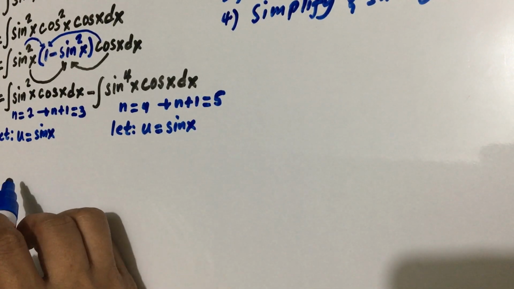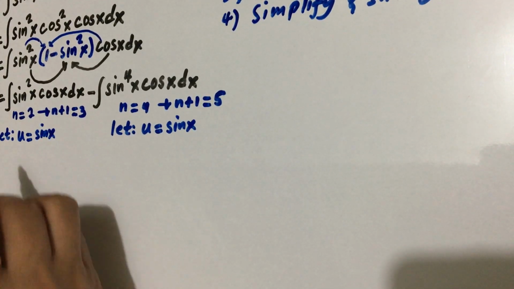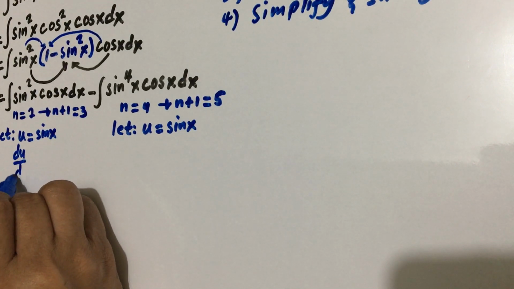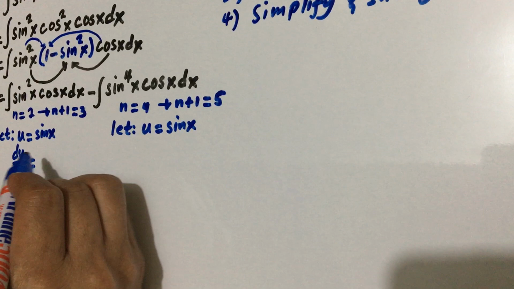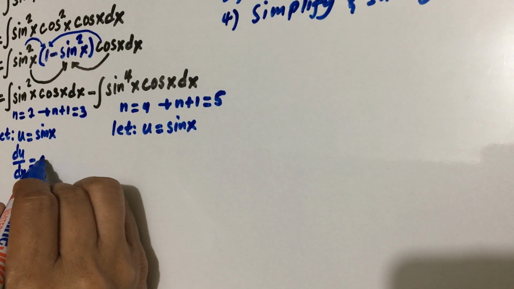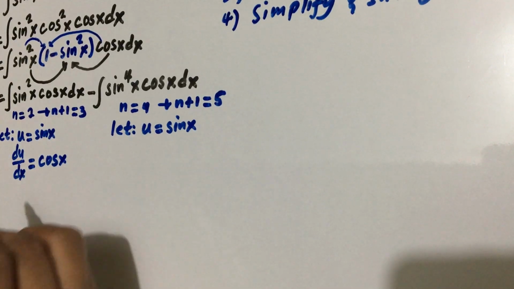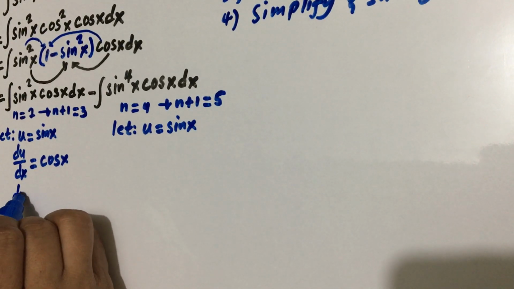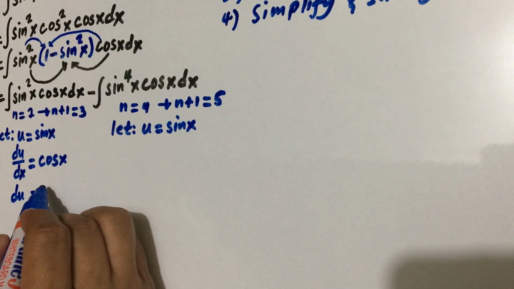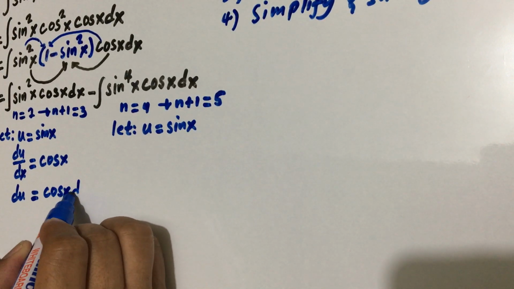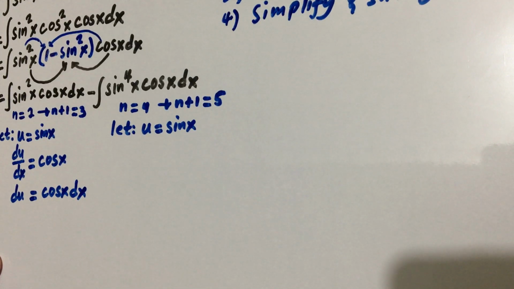So from here, if you take the derivative of u with respect to x, this will be the derivative of sine, which is equal to cosine x. Then solving for du, just multiply both sides by dx. So we have cosine x dx. Alright, so that is our du.